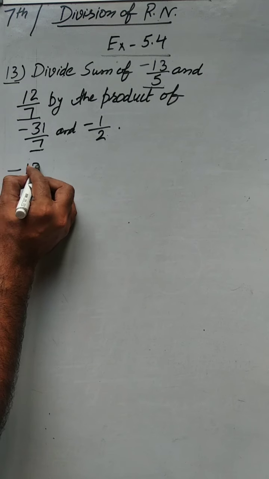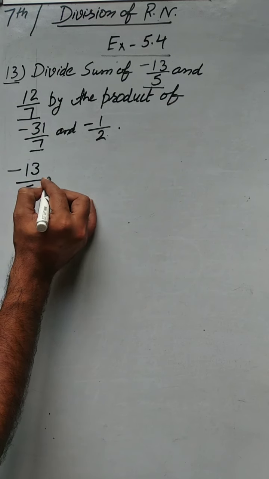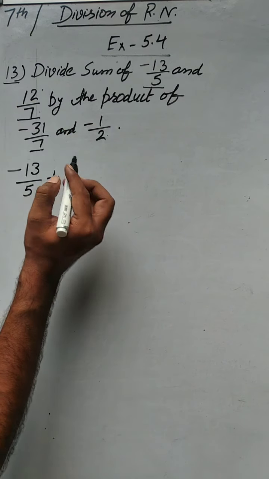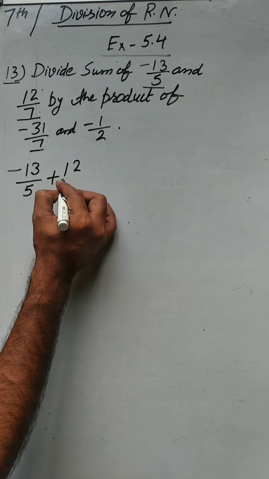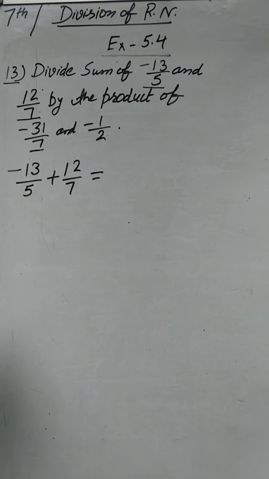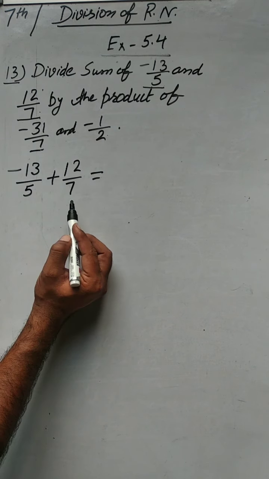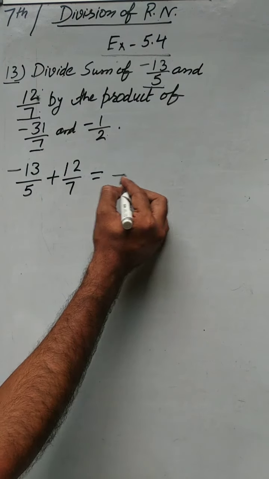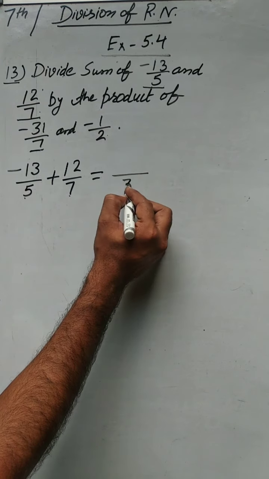Now, beta, sum means plus: minus 13 upon 5 plus 12 upon 7. Find their sum. 5 and 7, nothing is common, beta. So we can apply cross multiply here. So 7 into 5, beta, 35.